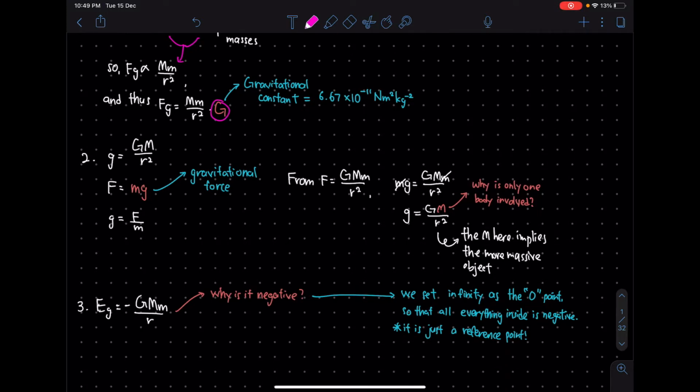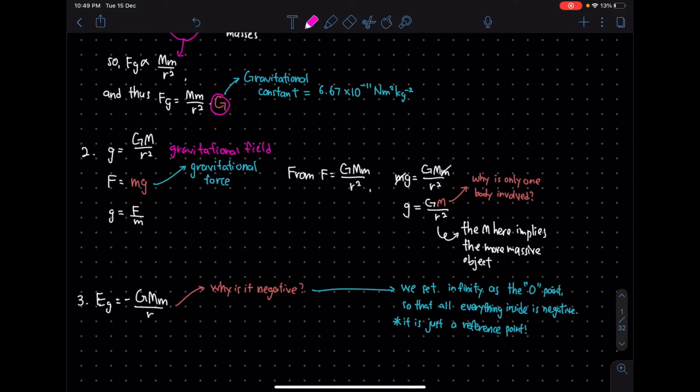So the next one we'll be talking about is the gravitational field strength. This is a different equation to describe the gravitational field strength. As we all know, we usually use it as F equals mg, and we can do some algebraic manipulation and get the gravitational field strength. How we derive this new gravitational field strength is that we equate the gravitational force that we got previously with this equation.